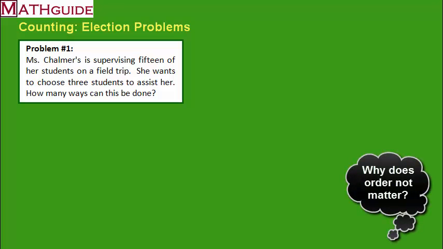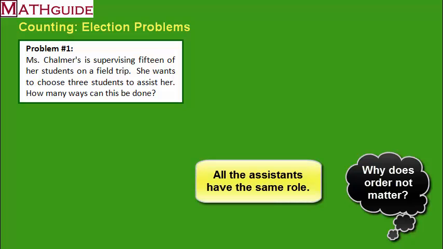When she chooses the first student, or if she had chosen that student second or third, it doesn't matter. All of those students are taking on the role of an assistant, and there doesn't seem to be any difference between the roles. At least that's how it's stated here, that there's no special role for each student. So it doesn't matter in which order she chooses these students.